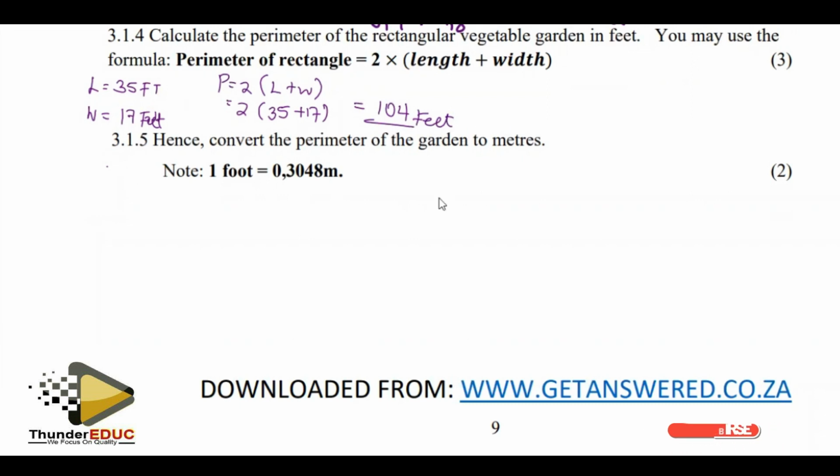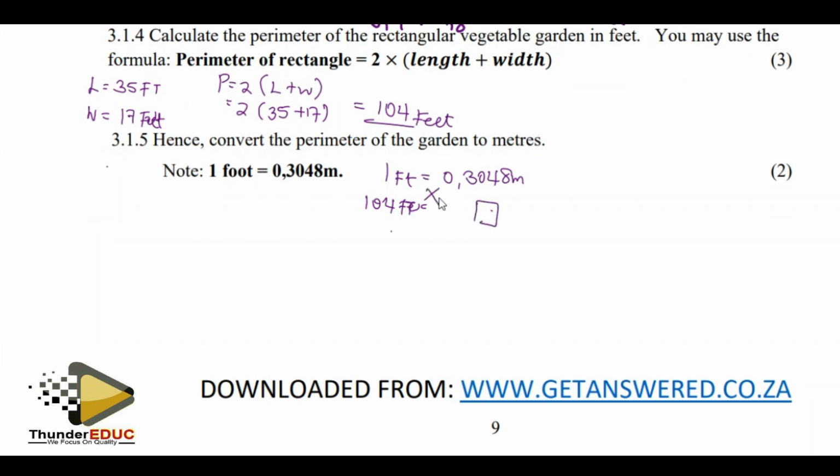They are telling us to convert the perimeter of the garden to meters. If you have 1 foot, you have an equivalence of 0.3048 meters. So for us, we have 104 feet. What would it be?